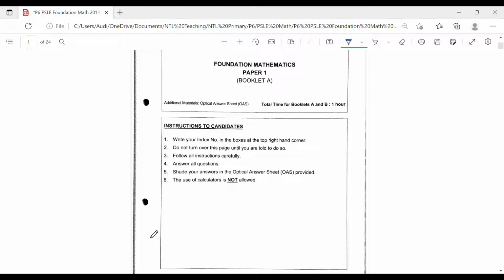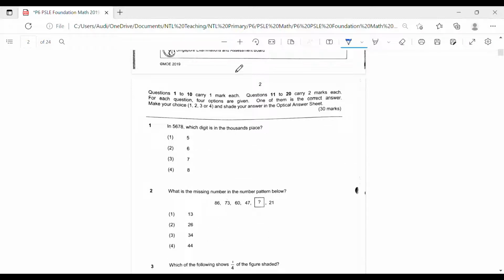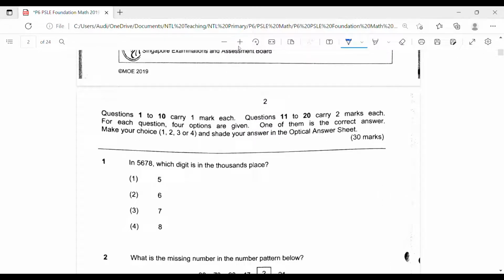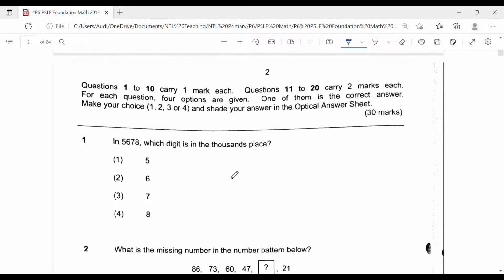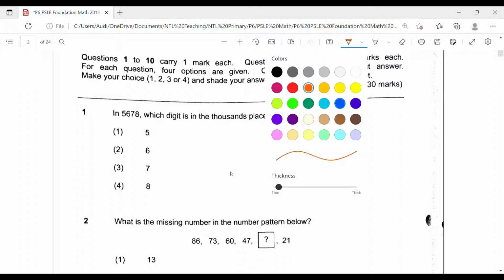This is booklet A, paper 1. So we're going to do question number 1 first. In 5678, which digit is in the thousands place? So we're interested in the thousands place.